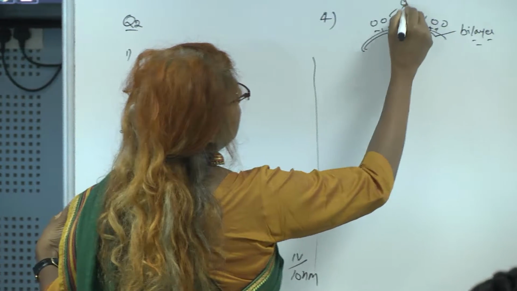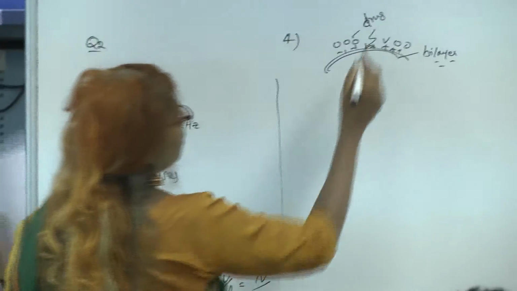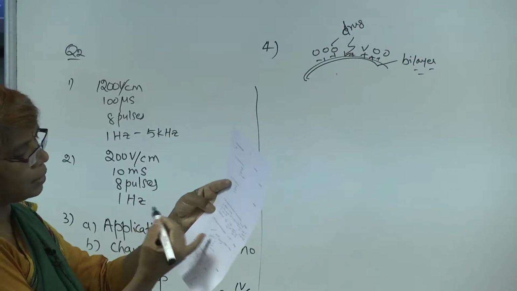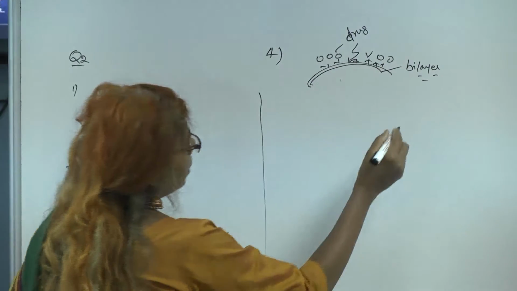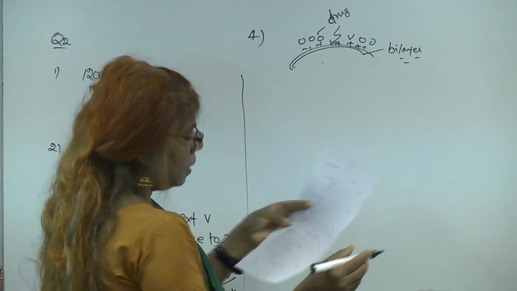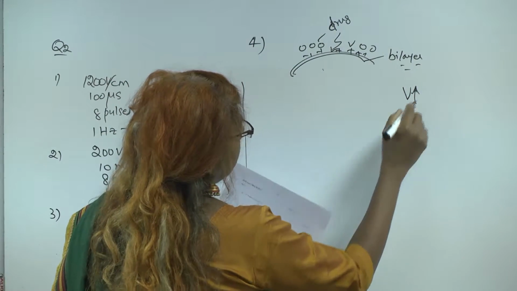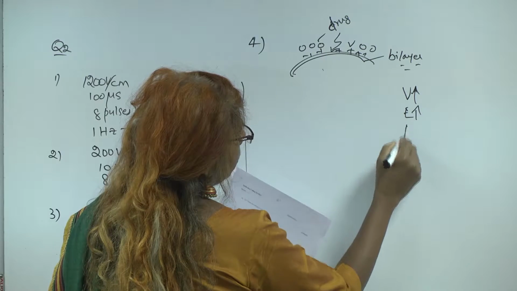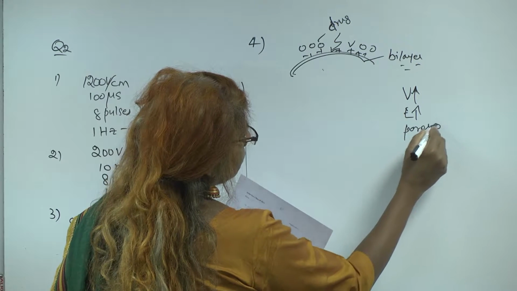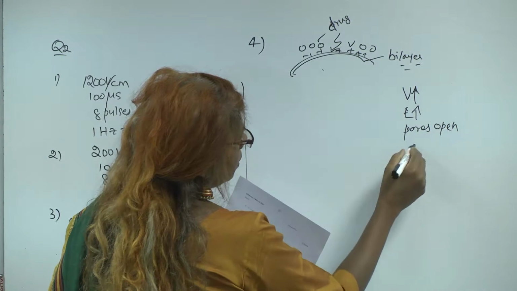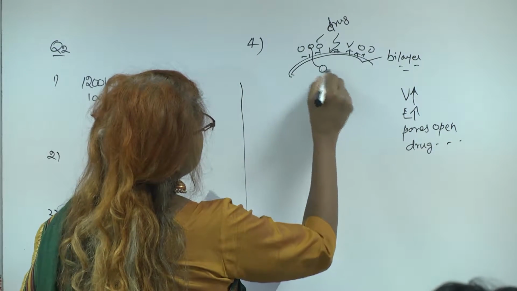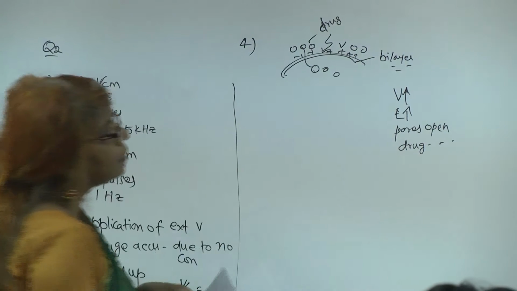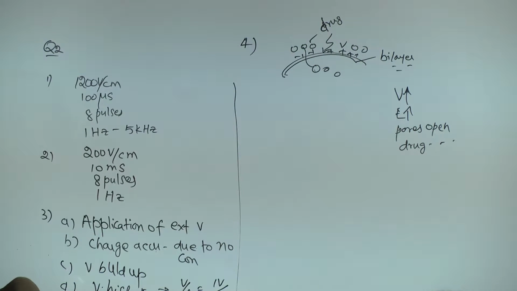So you say that these are drug molecules. I have written all those things, and then you apply the voltage, E increases, pores open, drug molecules enter. So I put it like that. This is the ECT concept, ECT process.